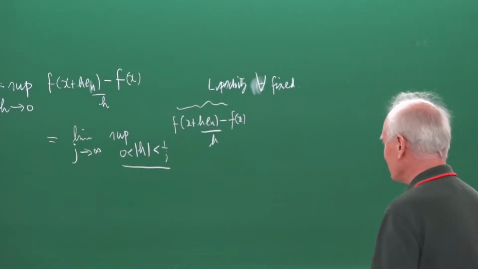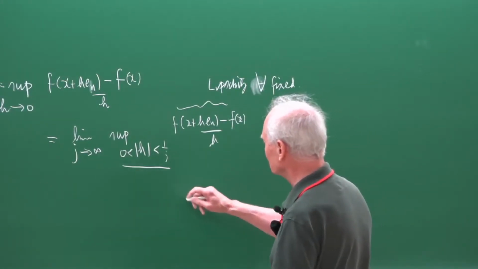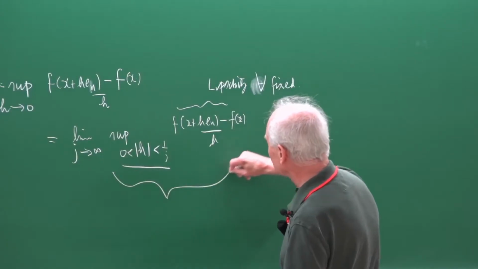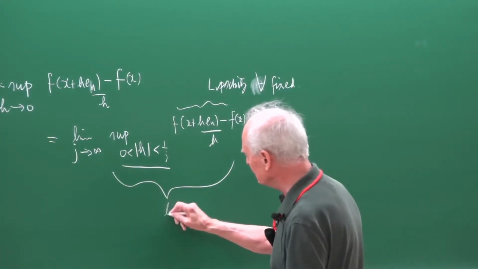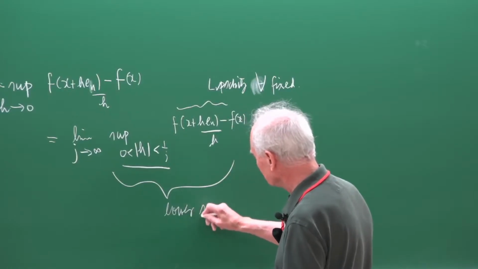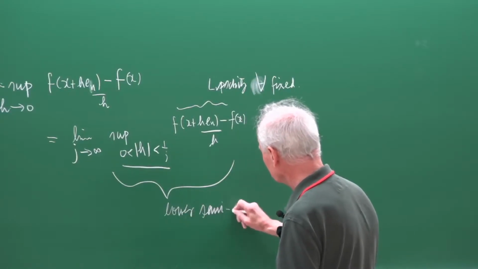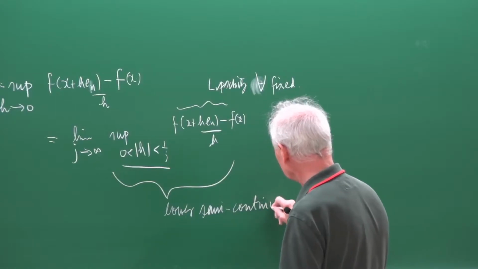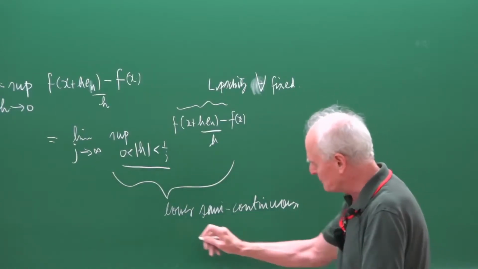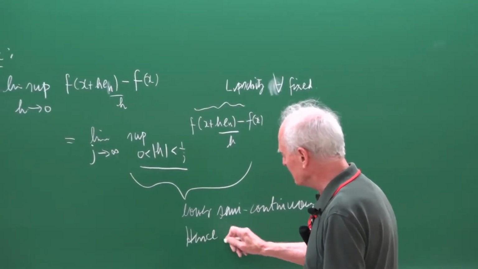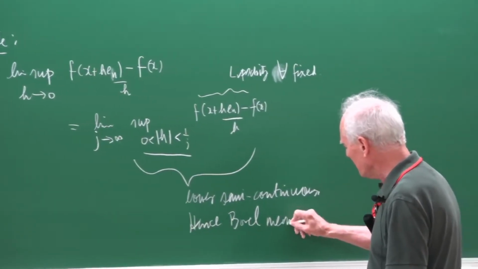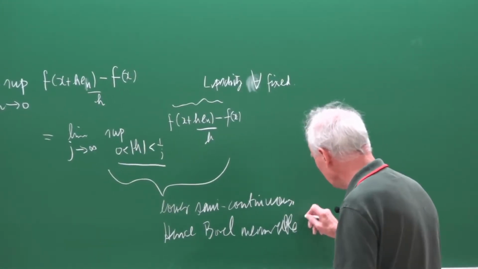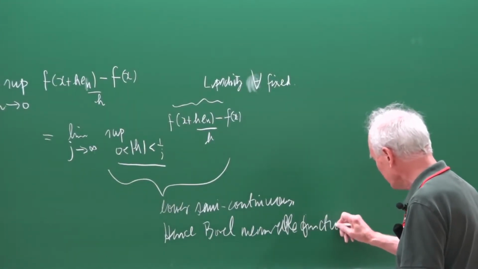So this sup is lower semi-continuous, and hence Borel. Remember, upper and lower semi-continuous functions are Borel measurable. So this is a Borel measurable function of the variable x.